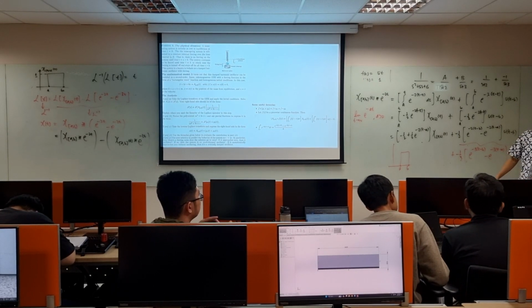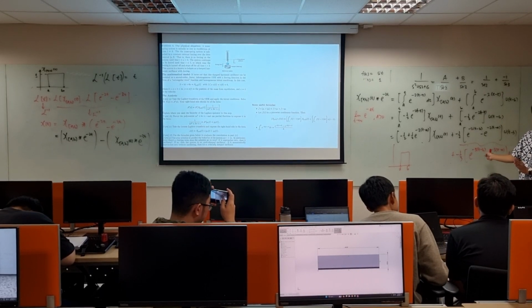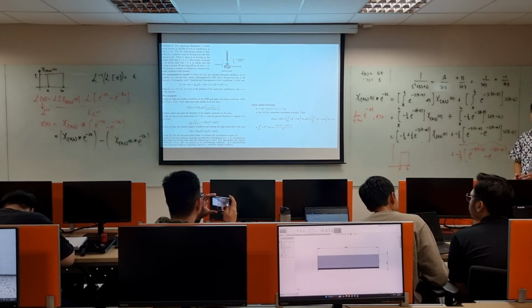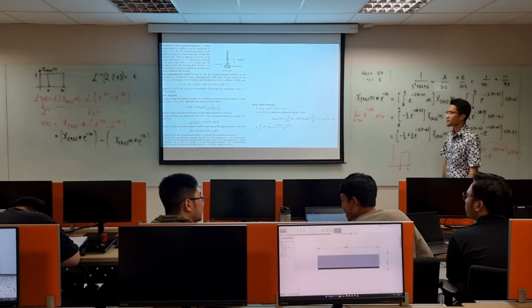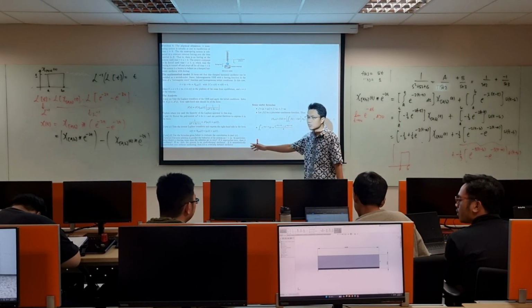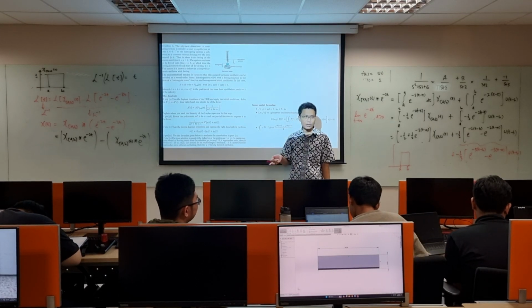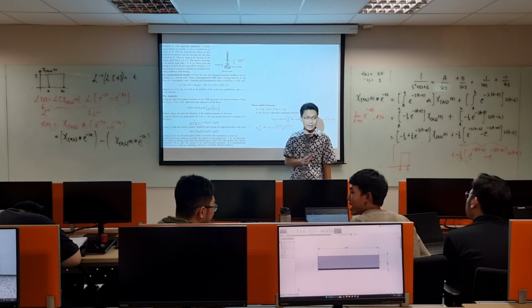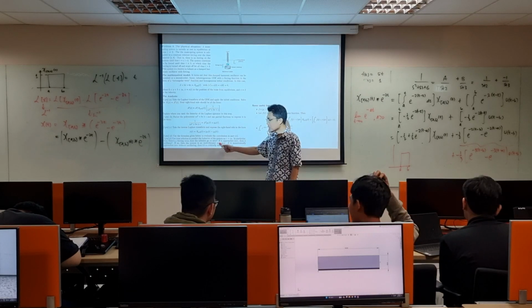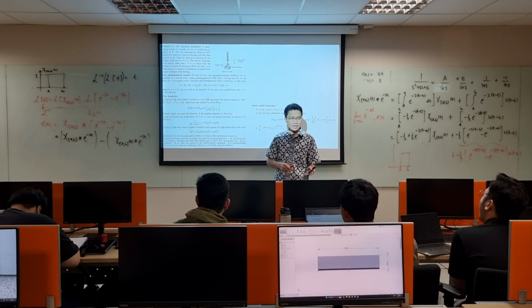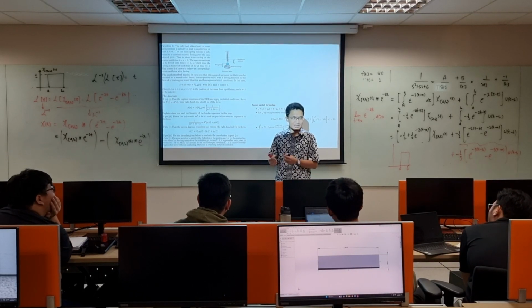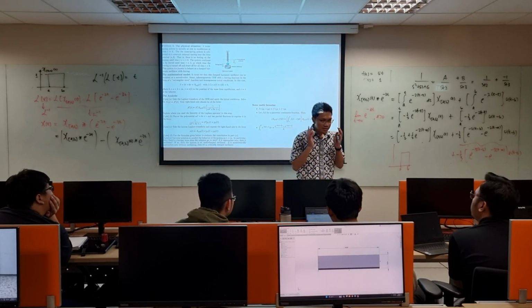If it's underdamped, it has sine and cosine terms. Now it doesn't ask you whether it is underdamped or overdamped. It only asks you, does it oscillate or not? You say no.